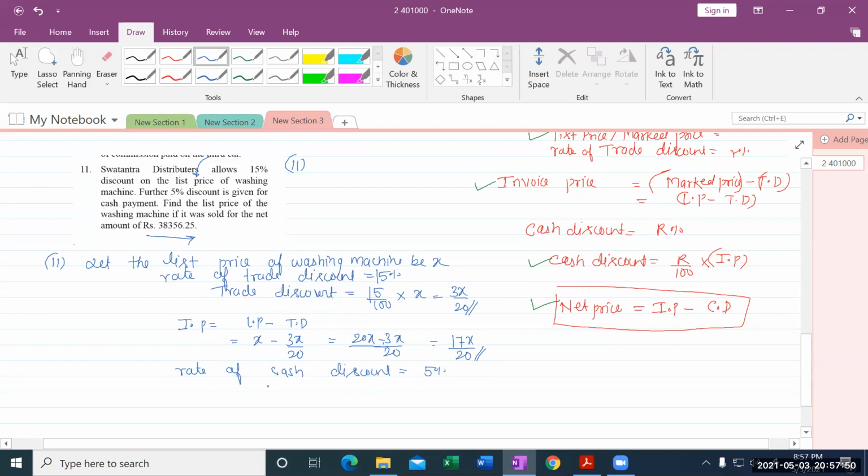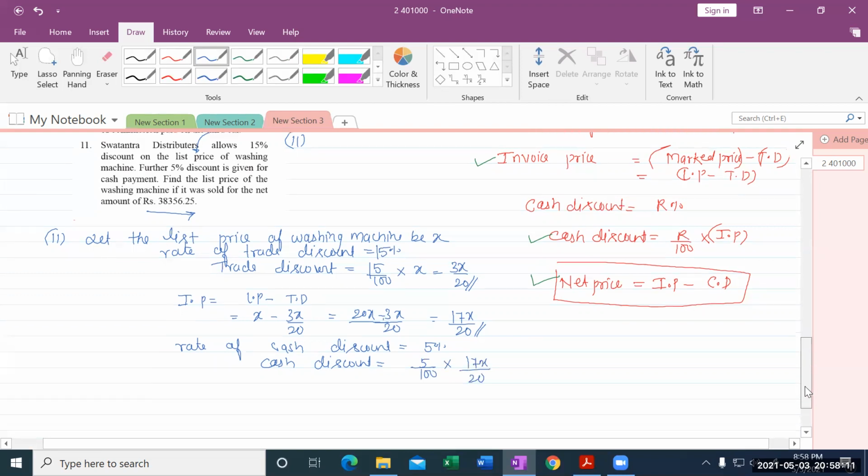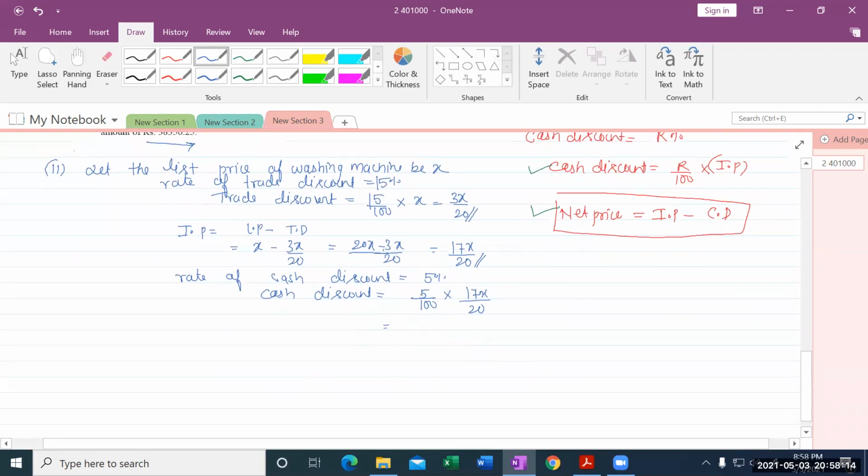Now we are calculating the cash discount. We are getting 5% of what? We are getting 5% of the invoice price, so it is 17X by 400.